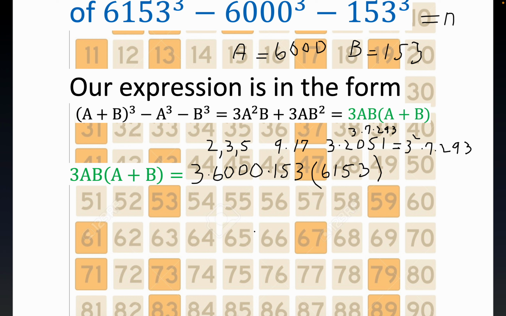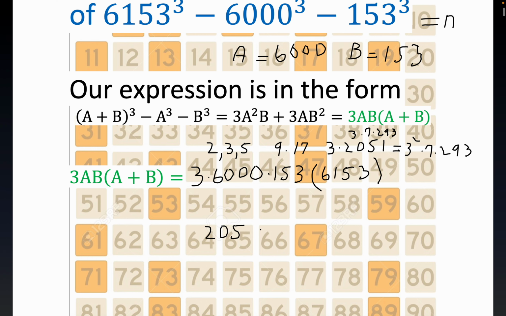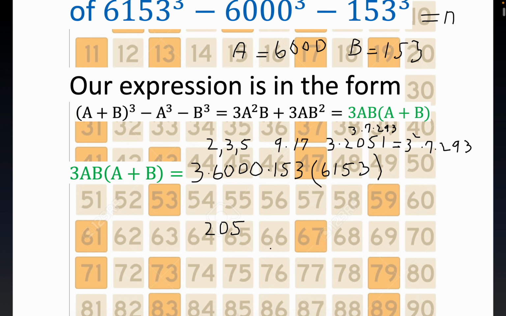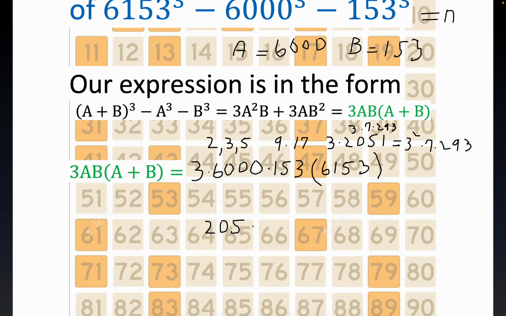Well, notice that this is clearly not divisible by 5. So for 7, you can do this test right here. You can do 205 minus 2 times 1. This is the divisibility test for 7, okay? And so what does that equal to? 203?